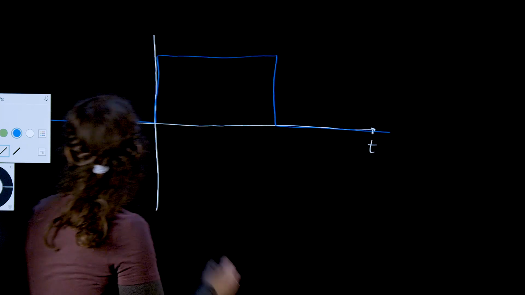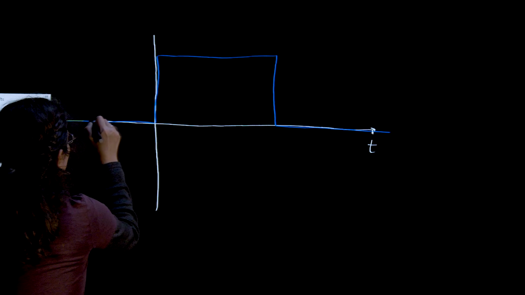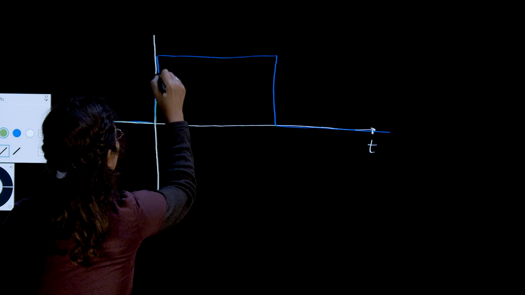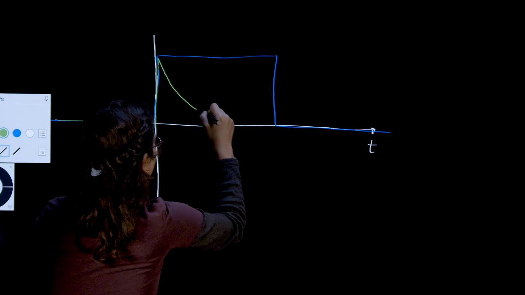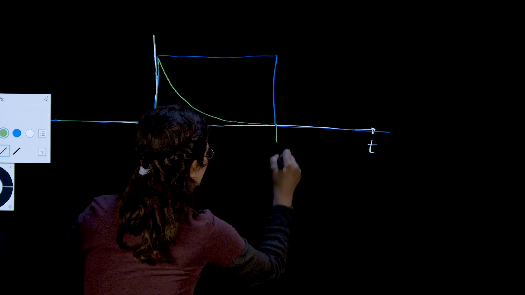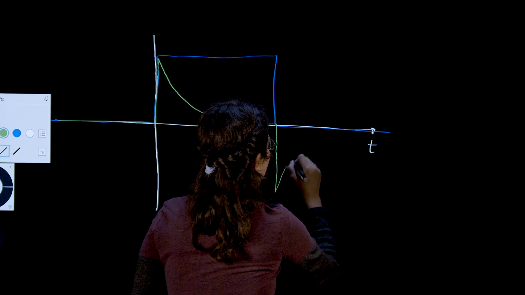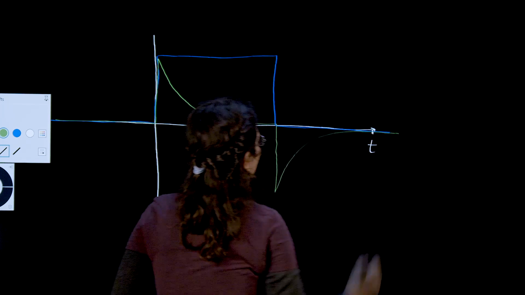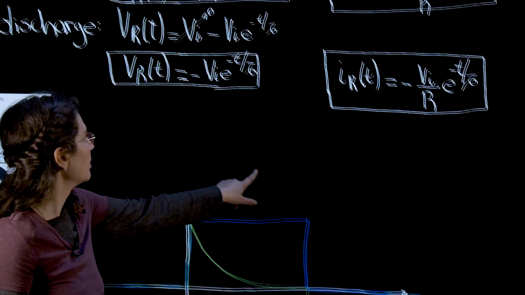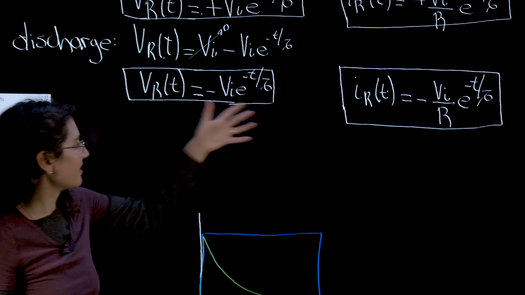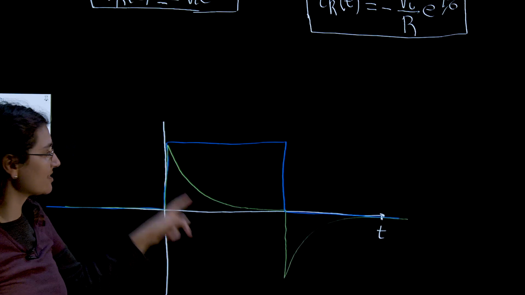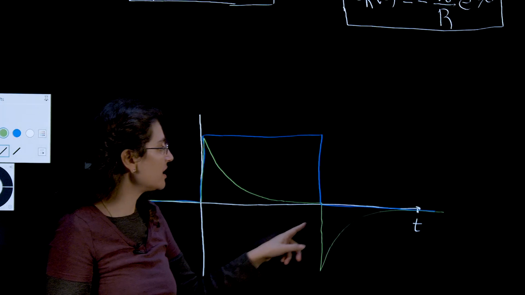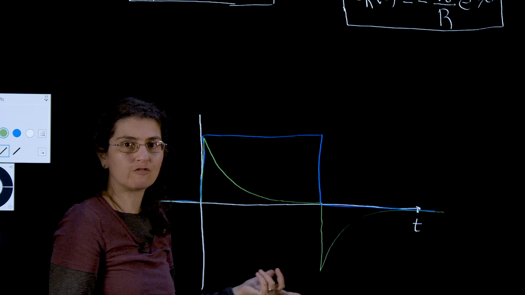We know that the current looks like this. And the voltage in the resistor looks like this, with exactly the same shape, but instead of being in amperes, it's in volts.